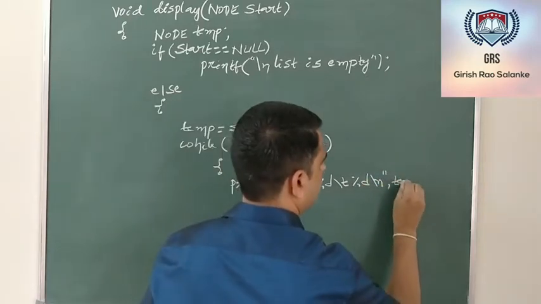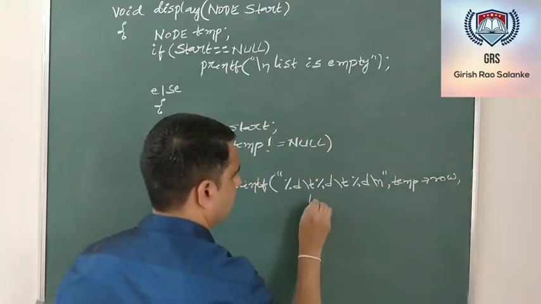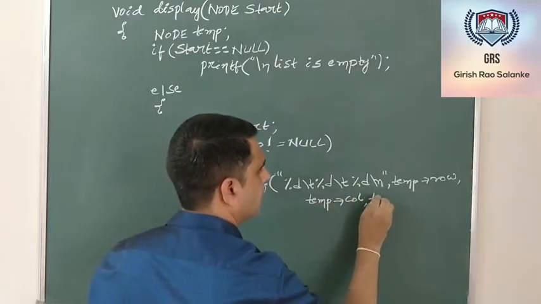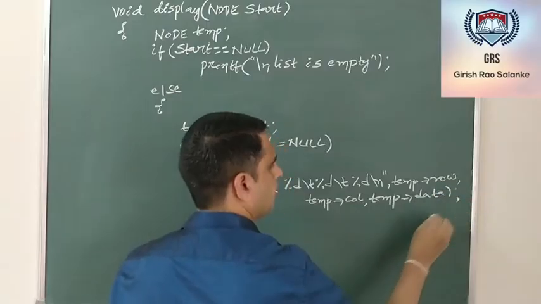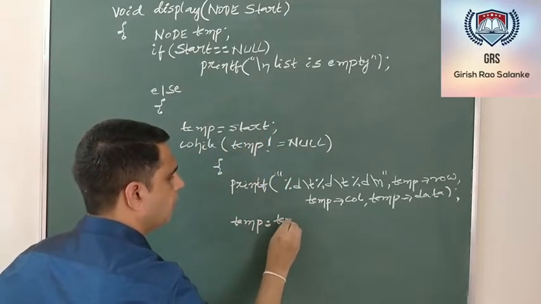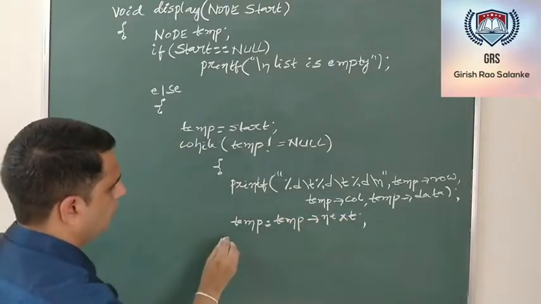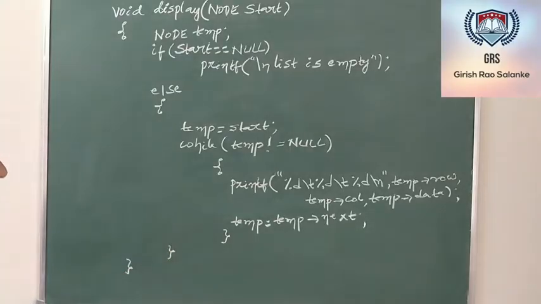This is temp of row, comma, temp of column, comma, temp of data. Change the reference of your temp to the next node: temp is equal to temp of next. Close your while loop, close your else, close your function.